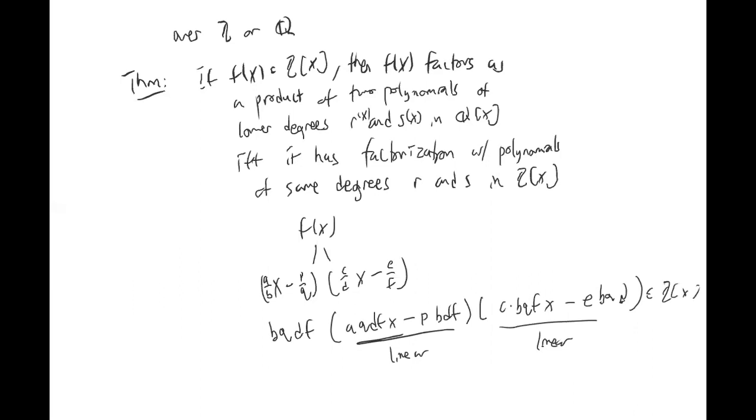This was originally in Q of x. So this is saying if you are reducible over Q, then you are reducible over Z. Is everyone clear on this?